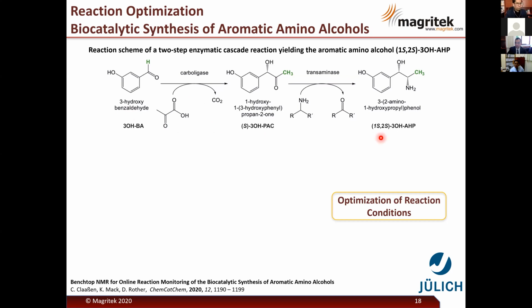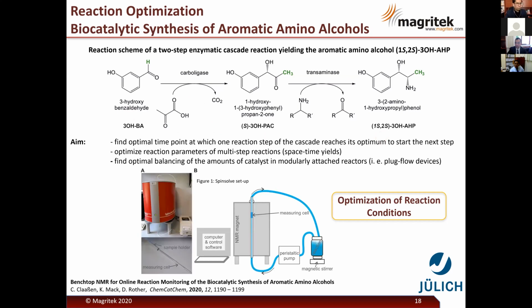So their aim in this project was to find the optimal balancing amount of substrate and catalyst for this reaction. Since enzymes are quite picky in terms of reaction condition and concentration, it's very crucial to find the optimal condition and amount of catalyst. The main goal here was to determine the optimal time point where the first step of the reaction is complete to start the second step.